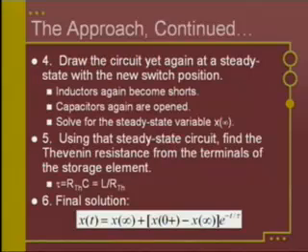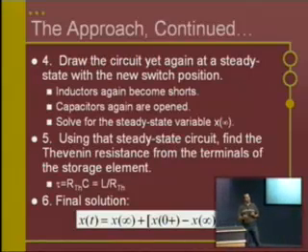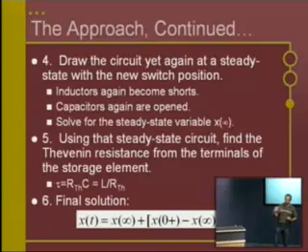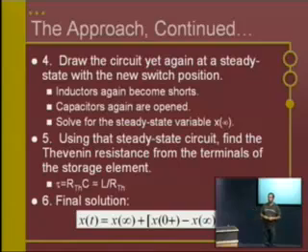Step 4 then is to redraw the circuit and take a look at it now that we've established a steady state condition again with the switch in its new position. At least 5 tau time units have passed, whatever that happens to be, and that, for all intents and purposes, could be an infinite amount of time, because the circuit will settle down in a certain period of time and stay there.